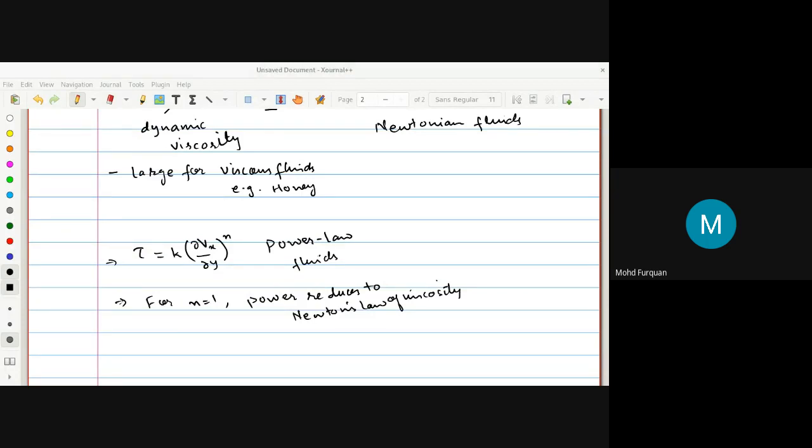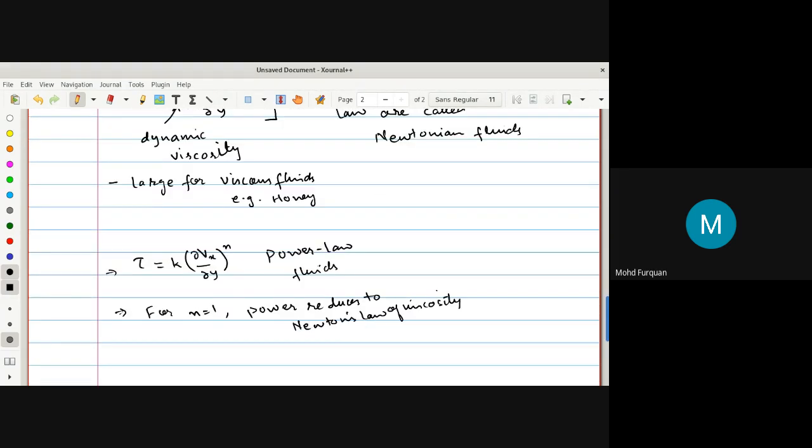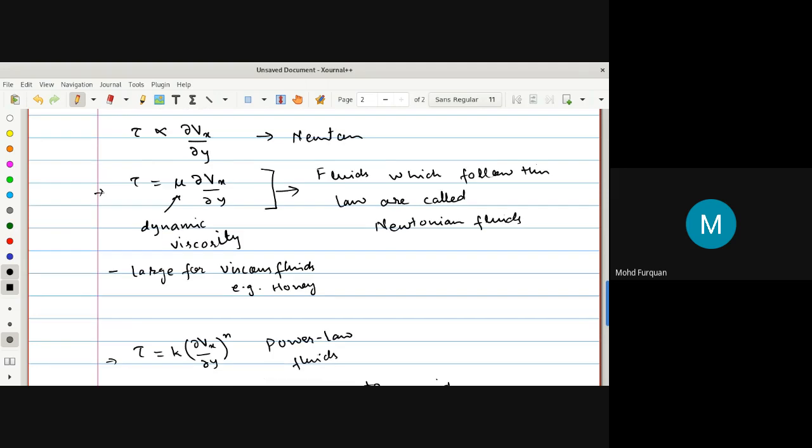So what I was saying is that you have different kinds of fluids. Most of the fluids in our applications are Newtonian. They follow this relation.